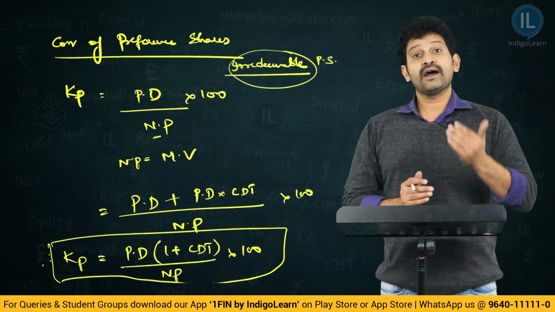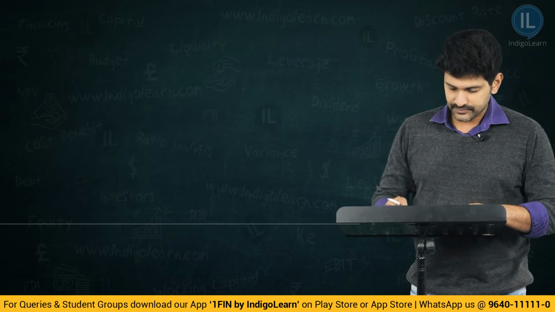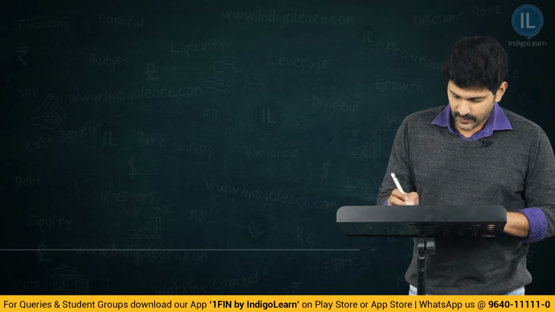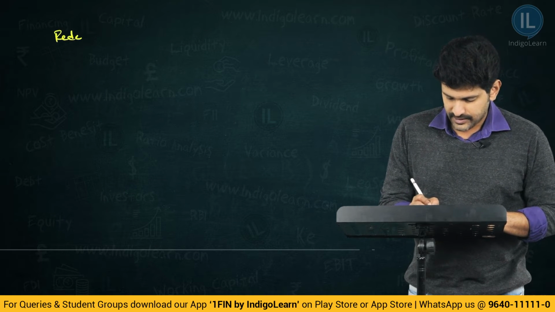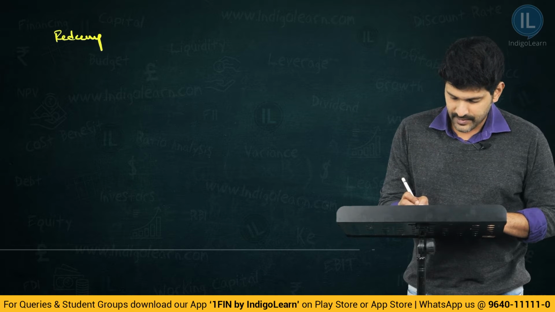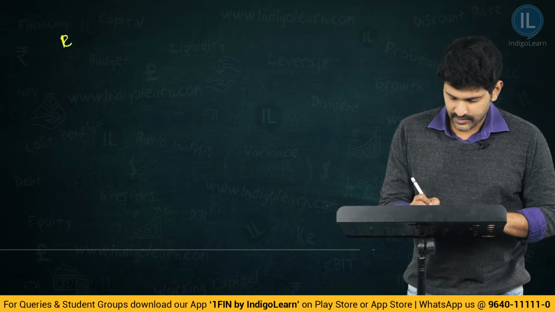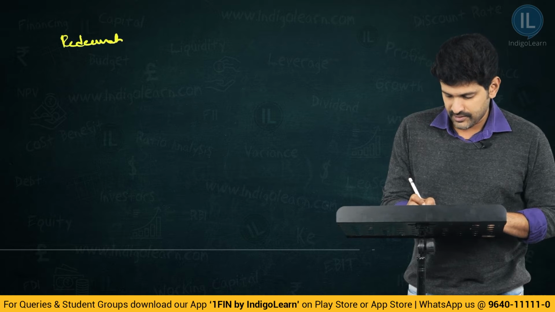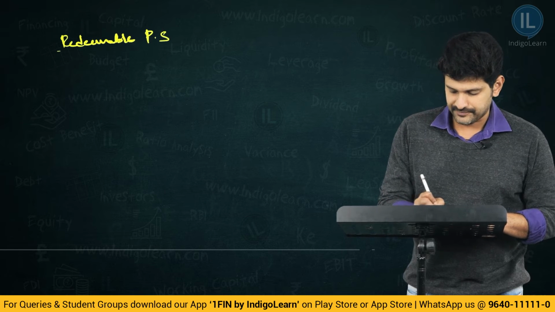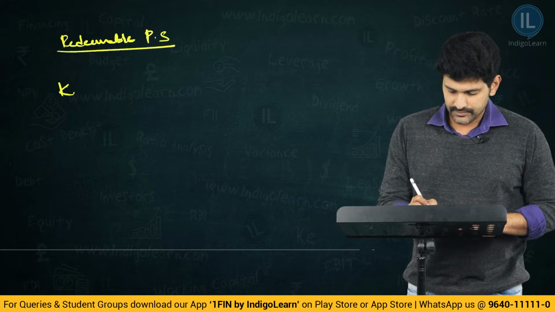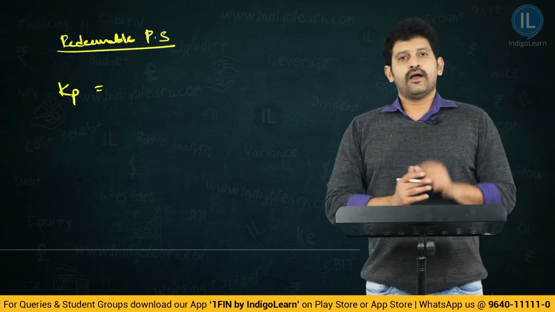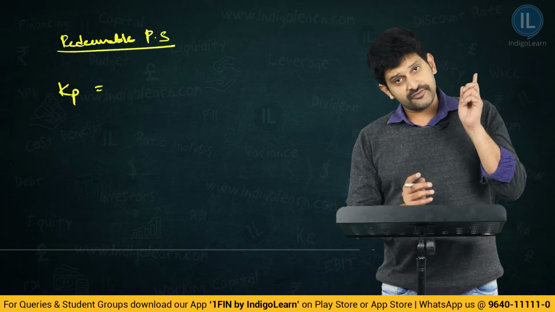Now, let us move to the redeemable part. Redeemable preference shares. Now, same, what is the formula in case of debentures?